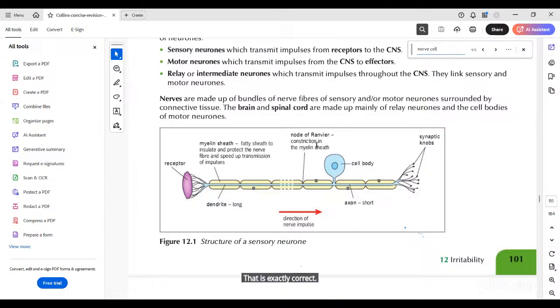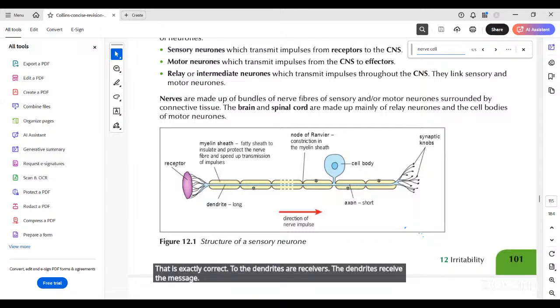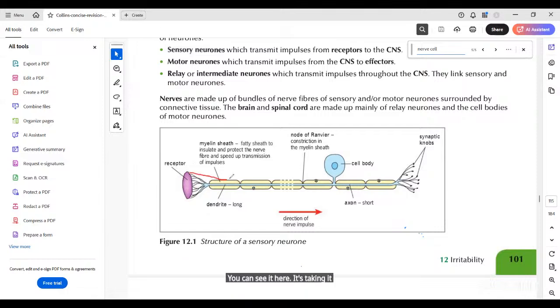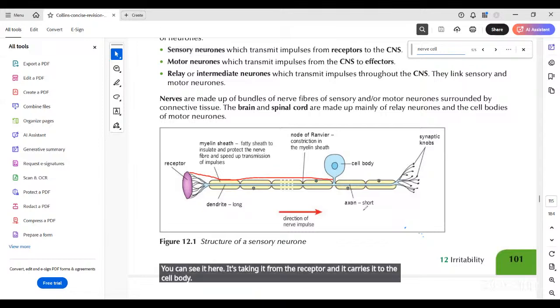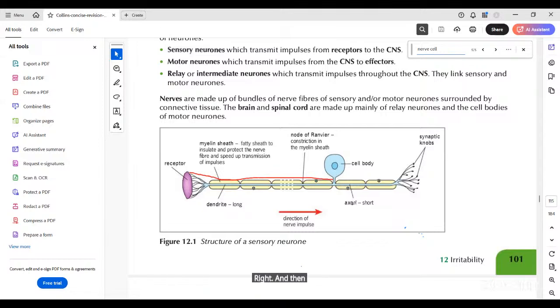So the dendrites are receivers. The dendrites receive the message. The dendrites receive the impulses. You can see it here. It's taking it from the receptor and carrying it to the cell body. Right? And then the axon takes it from the cell body to the synaptic knobs.